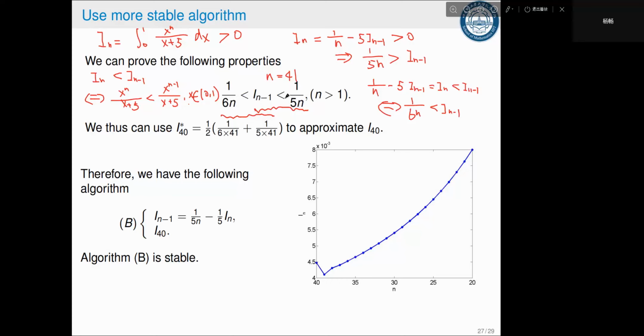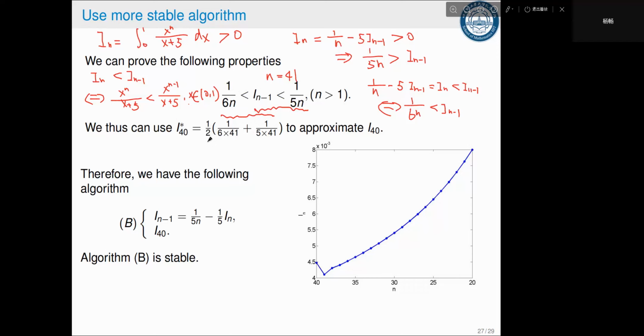Then you just take the average of these two numbers. That gives you an approximation of I_40. Clear? That's how I get the approximation for I_40.